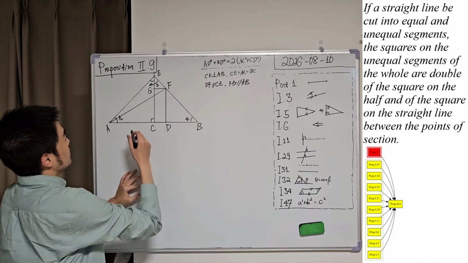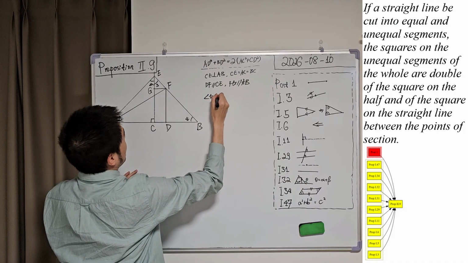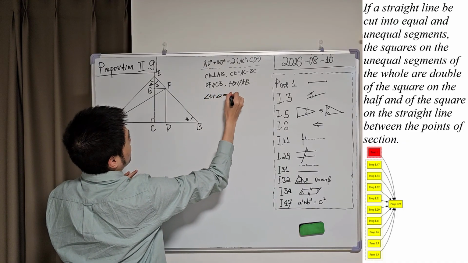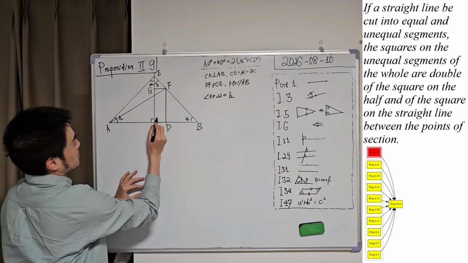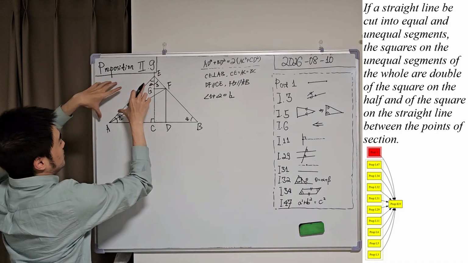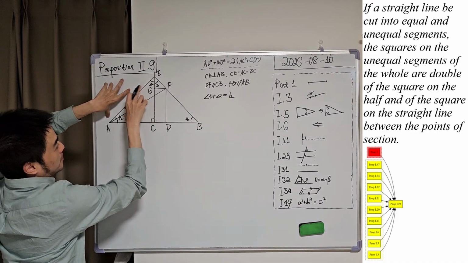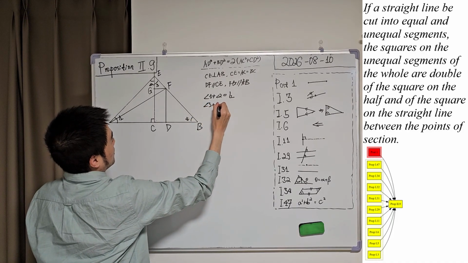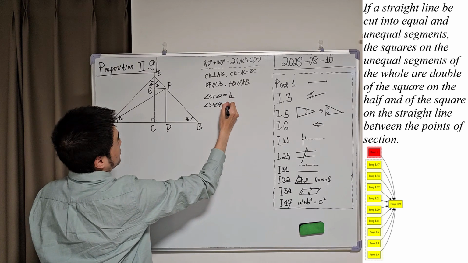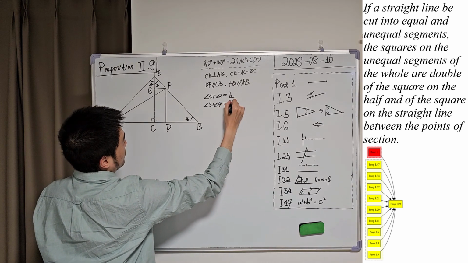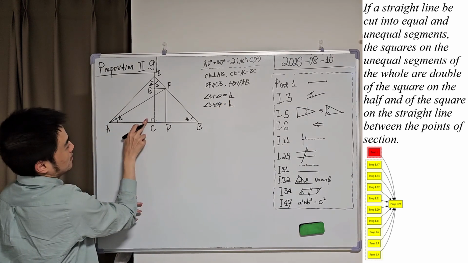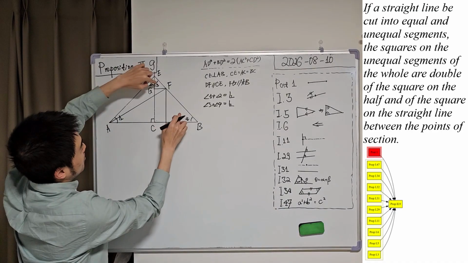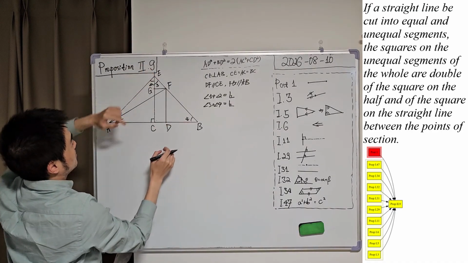So we know that angle 1 plus angle 2 is equal to a right angle. This is the exterior angle, and these are two opposite interior angles. Similarly, we have angle 3 plus angle 4 is also equal to a right angle, correct?